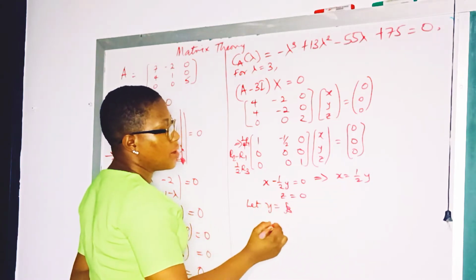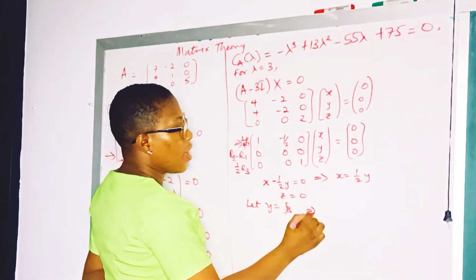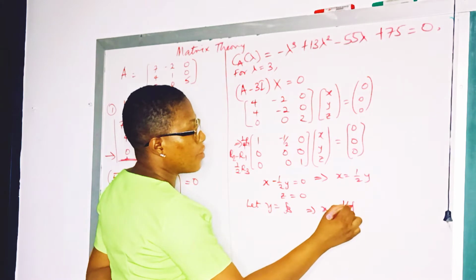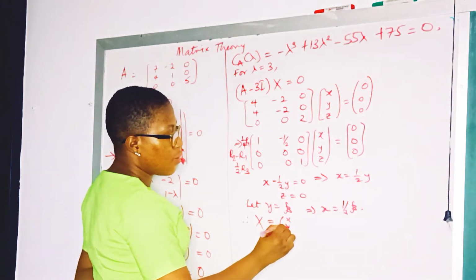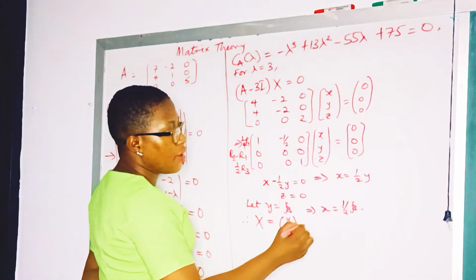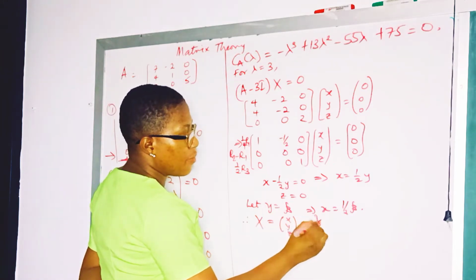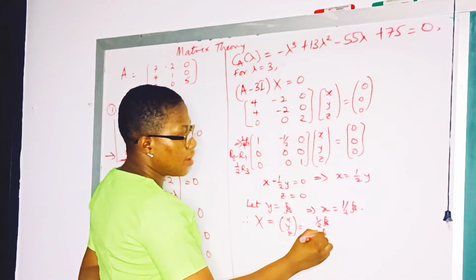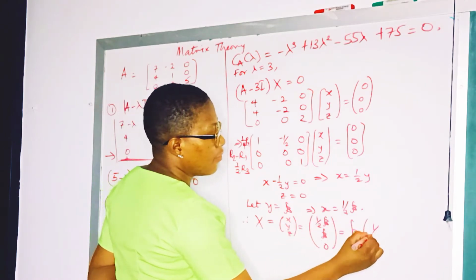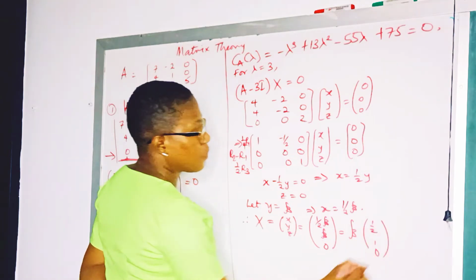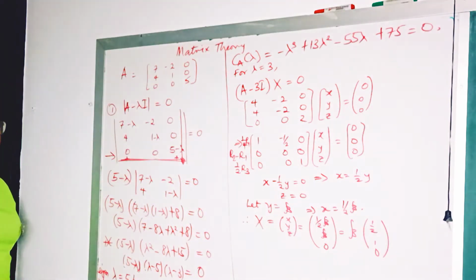So x is equal to half beta. Therefore, the vector (x, y, z) is equal to (half beta, beta, 0). I can bring out beta: beta times (half, 1, 0). So that's the first eigenvector.